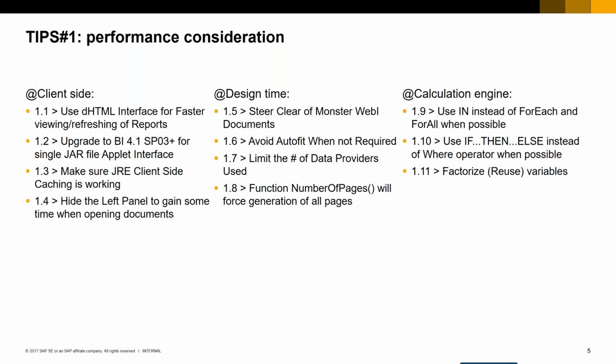Because imagine that you have a document with 100 pages, and this is a table with an autofit. It means that before generating page number 100, you will have to calculate the size that the table will take depending on the data contained in every cell of the table.